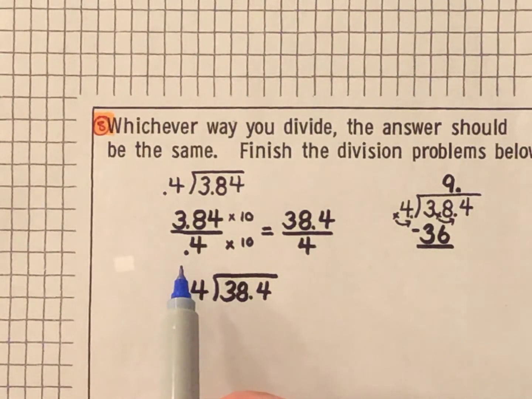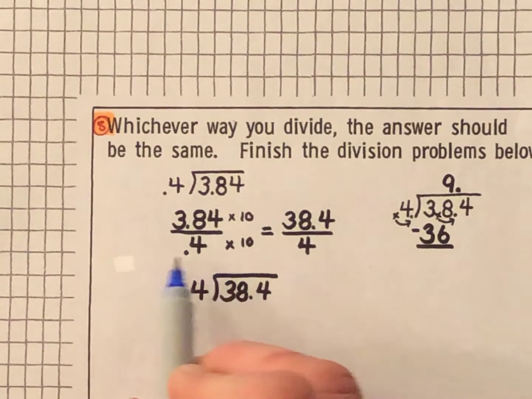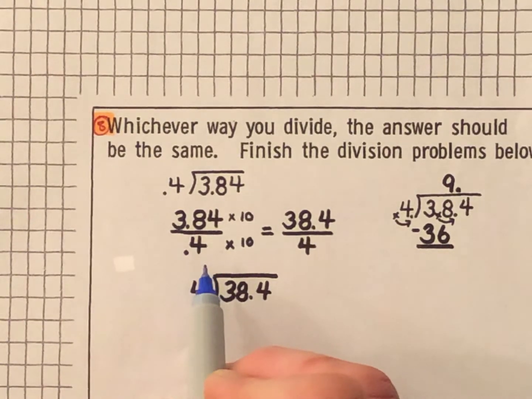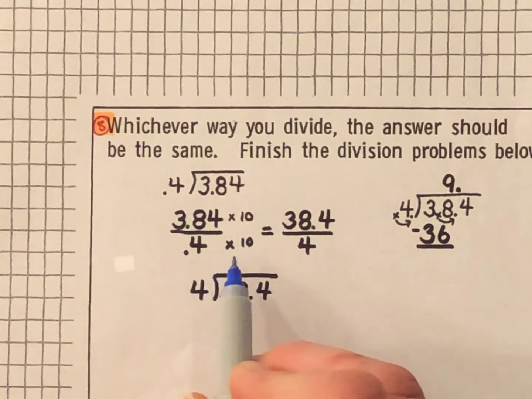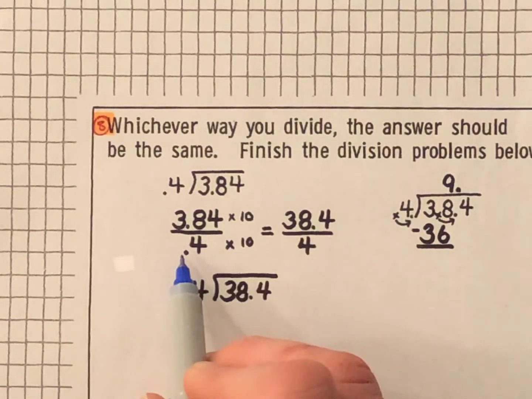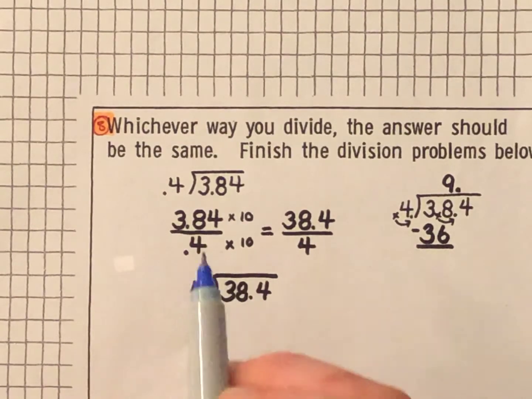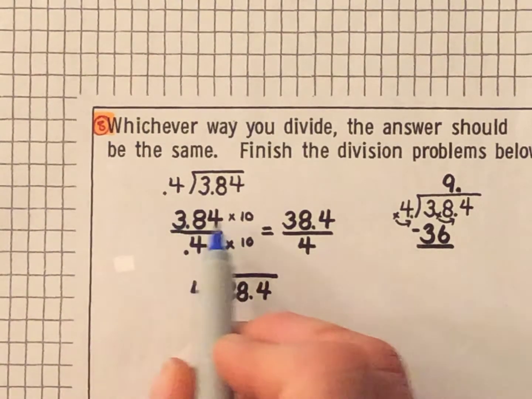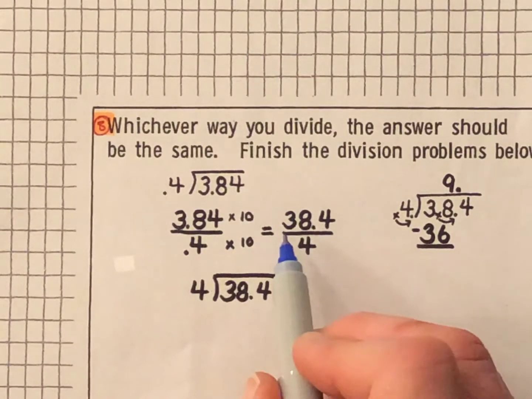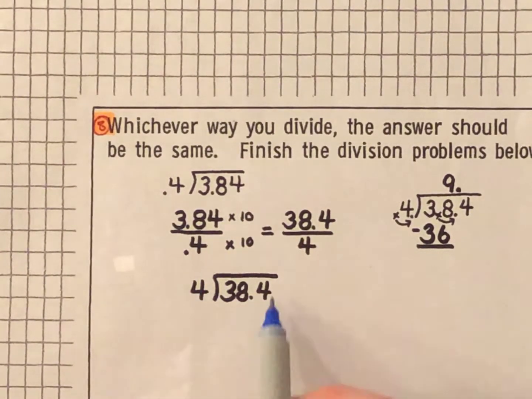And just like with equivalent fractions, if you have a decimal on the bottom, you multiply that denominator to get rid of the decimal. Just like fractions, whatever you do to the denominator, you have to also do to the top number, the numerator. So to get rid of the decimal, you multiply this by 10 and get 4. If you multiply this by 10, then you have to multiply this by 10. And that gives you 38.4 divided by 4. And then you rewrite it like this.